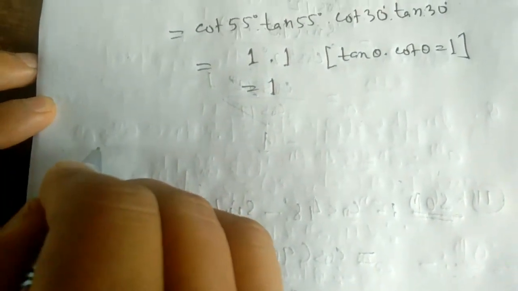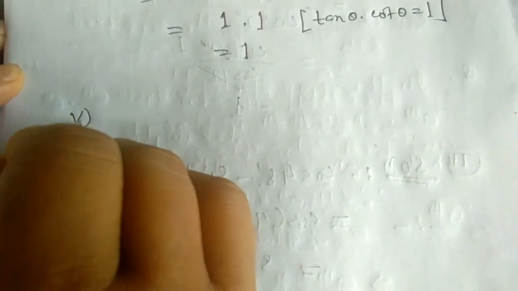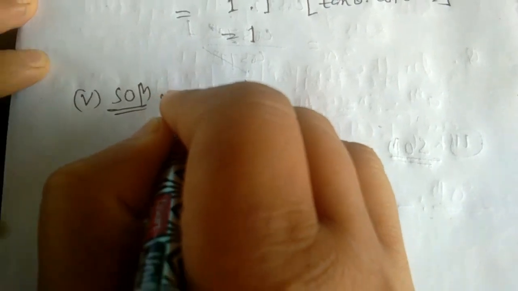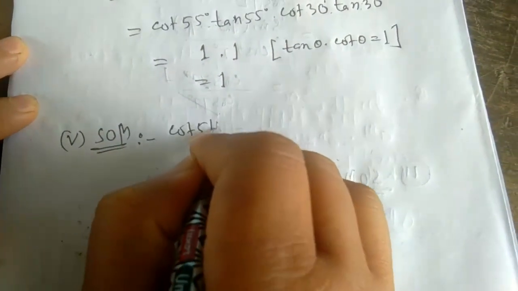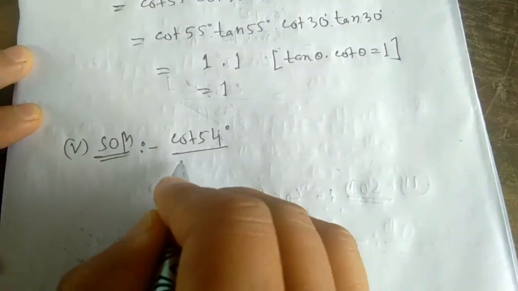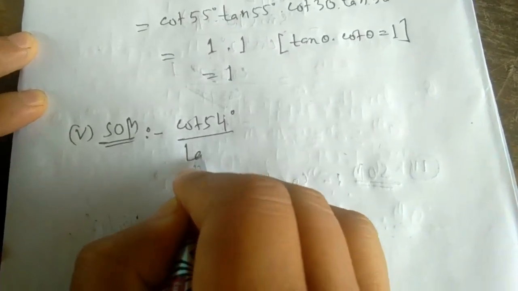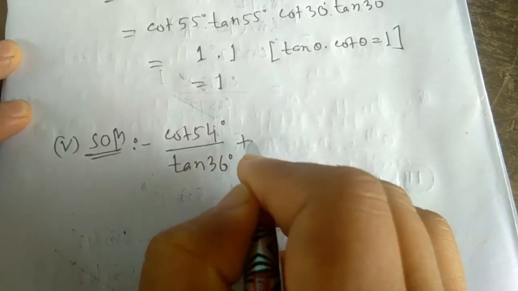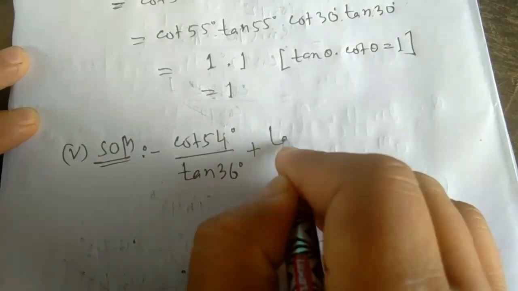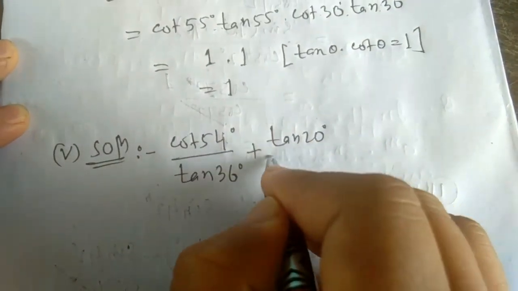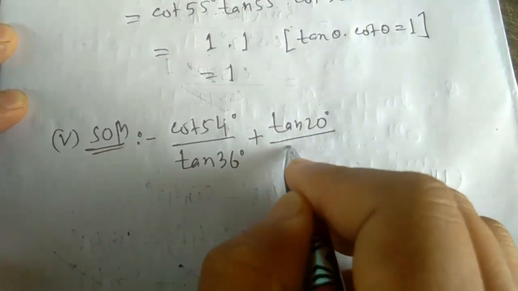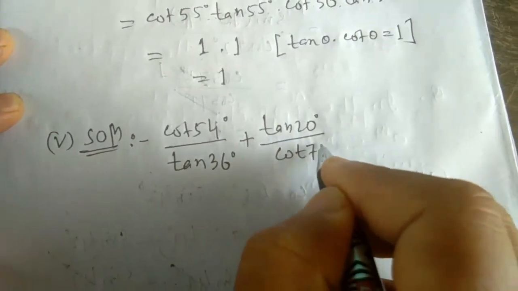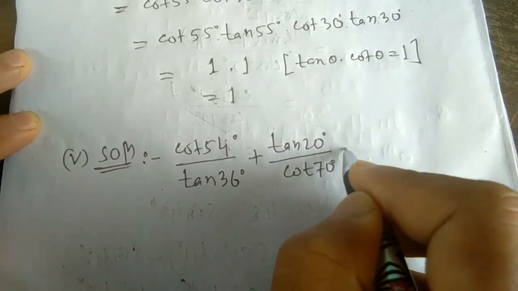Okay, today's last question, solution to question number 5. Last question. Solution. Cot 54 degree by tan 36 degree plus, in the middle, plus tan 20 degree by cot 70 degree minus 2.